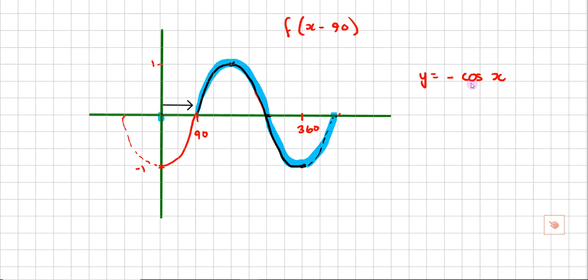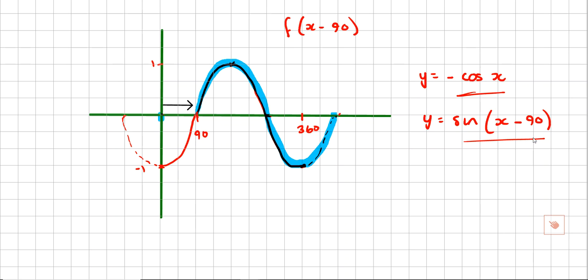So instead of y equals negative cos x, this same curve could actually be y equals sine of x minus 90. Okay? So it could be either or. This and that give you exactly the same result.